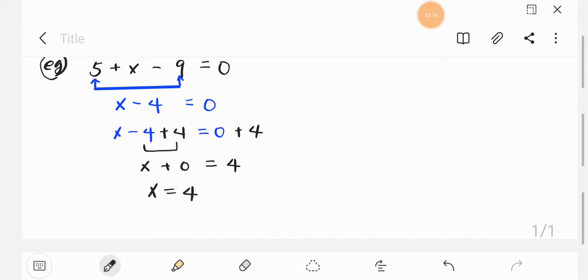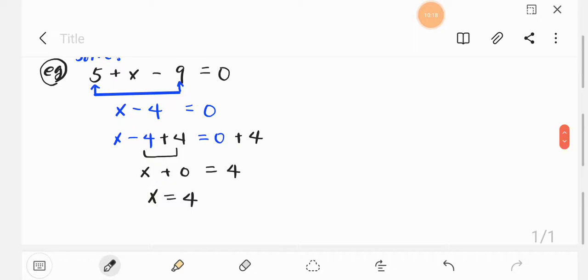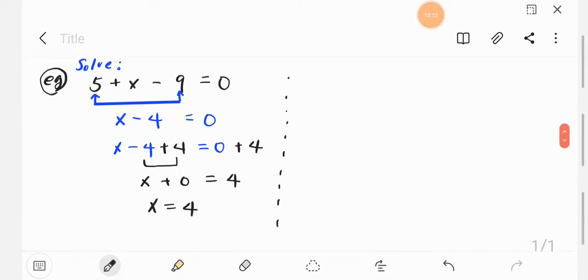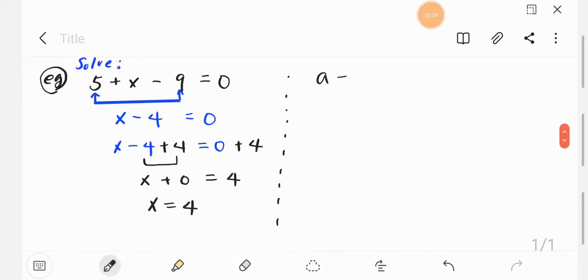Alright, then let's try another example. Okay, let me write it here. a plus 3 over 4 is equal to 1 over 4. So let's solve this equation. a is together with plus 3 over 4. This is plus, so what do we do?